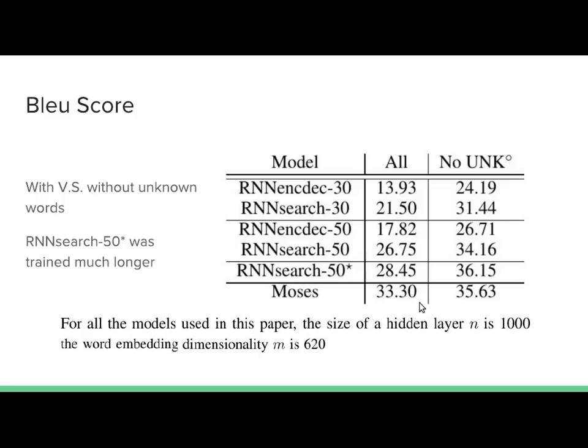And they compare it to Moses, which is another approach in the literature, but which was not using a deep learning approach. So Moses was more of a classical approach. And here they have the result with all the words in the dictionary and with no unknown words, because with word embeddings, like in word2vec or what I showed earlier, we sometimes don't have some words in our dictionary, so we put an unknown label.